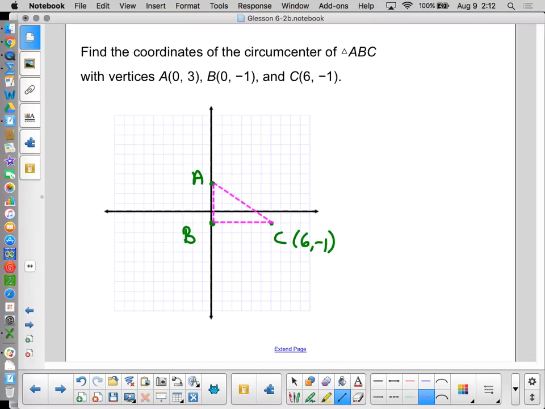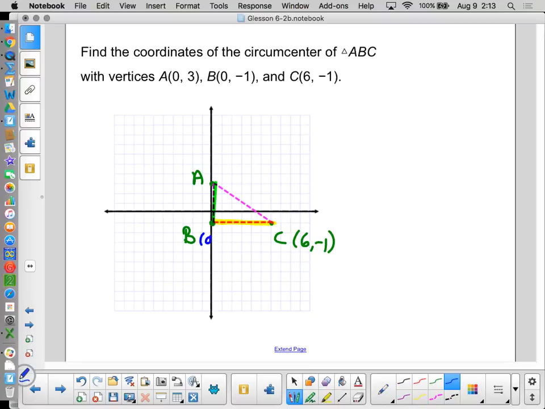And lucky us, with horizontal and vertical lines, it's really easy to do perpendiculars. Because for the horizontal line here, the perpendicular is obviously going to be a vertical line. For the vertical line here, the perpendicular is obviously going to be a horizontal line. All we need to do is find the midpoint that it goes through, and we can graph this really, really quickly.